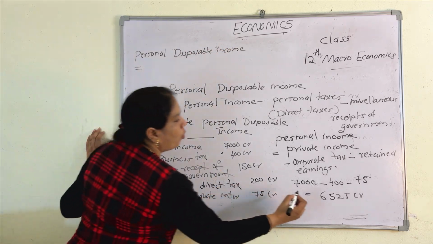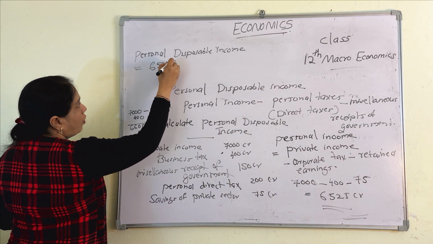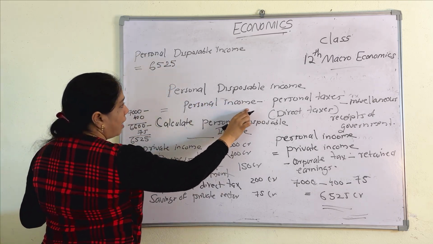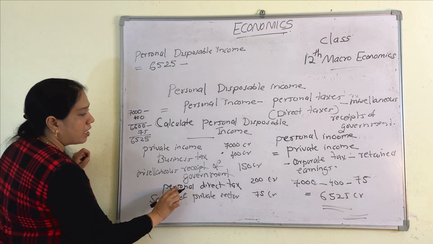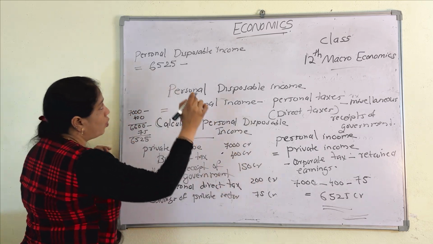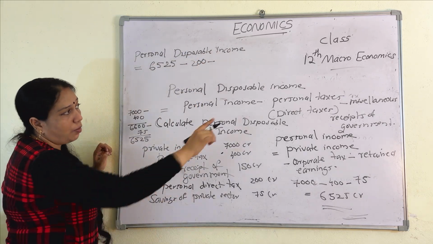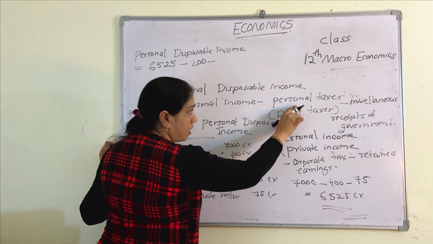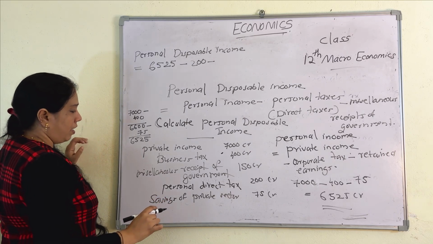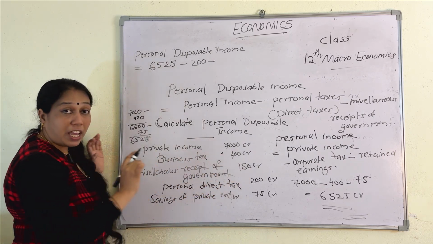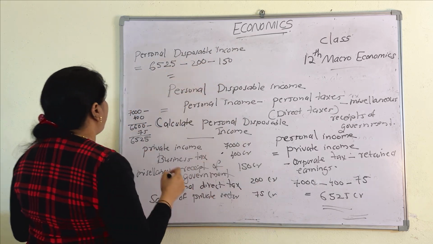We already found out the personal income: 6,525 crore. So personal income minus personal taxes, that is direct taxes. Personal direct tax here is directly given, that is 200 crore, minus miscellaneous receipt of the government. Here miscellaneous receipt of the government is also directly given, that is 150 crore. What is the answer? You have to find out.